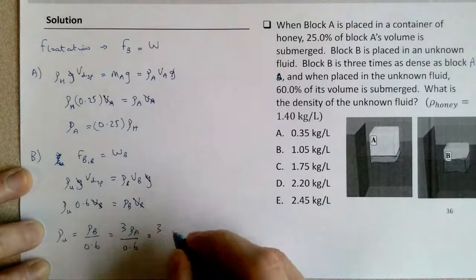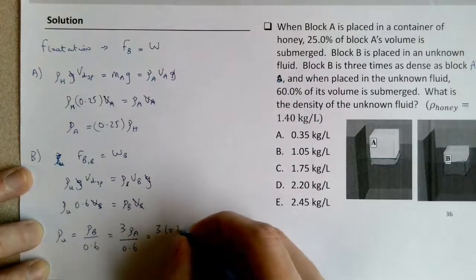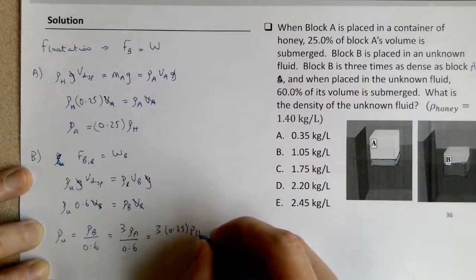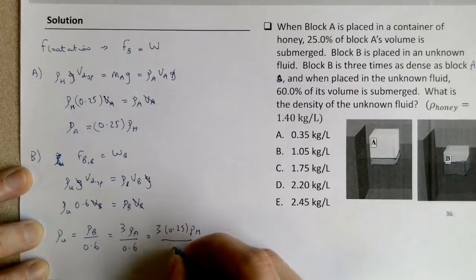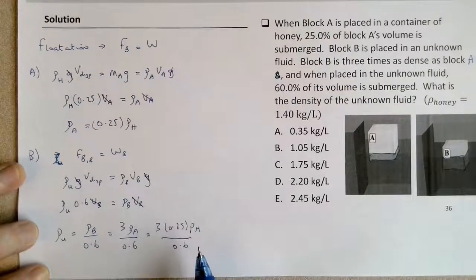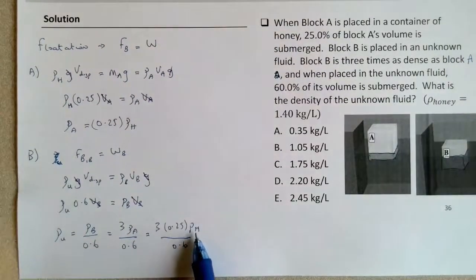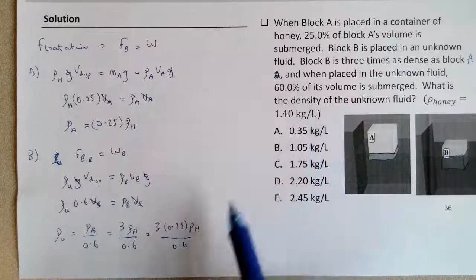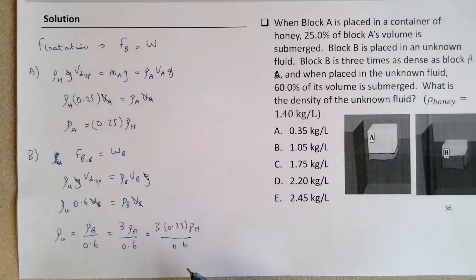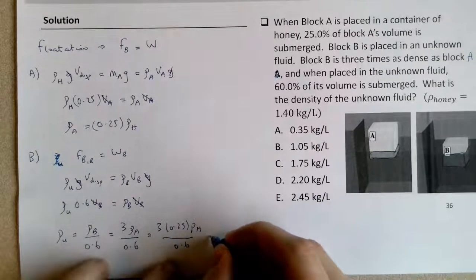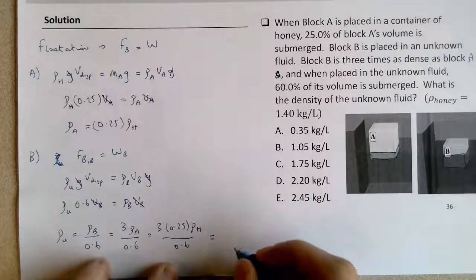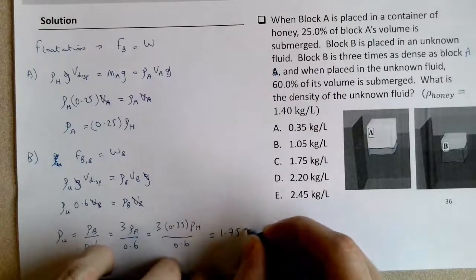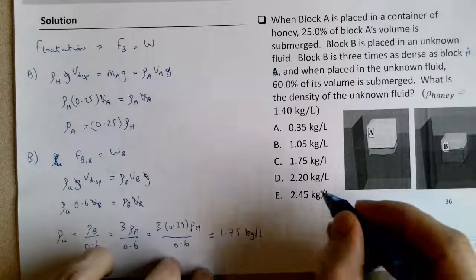So that's 3 times 0.25 times the rho of honey divided by 0.6. So if you substitute in the 1.4 kg per litre for the density of honey in here, all of these numbers are constants, or known quantities. So you should end up at 1.75 kg per litre.